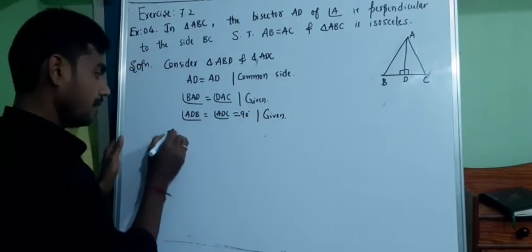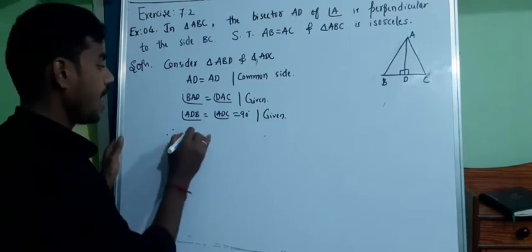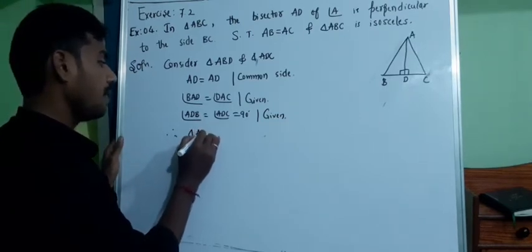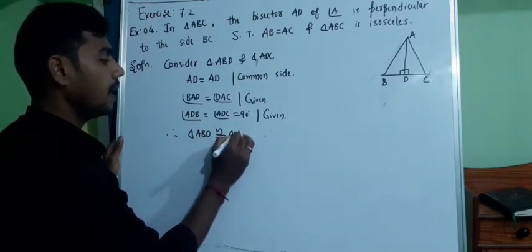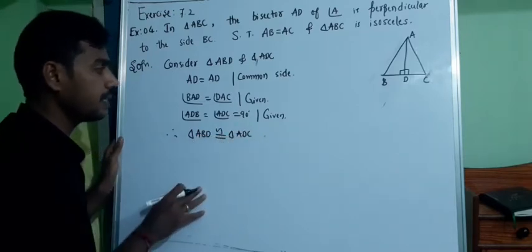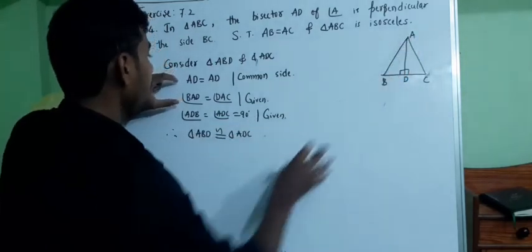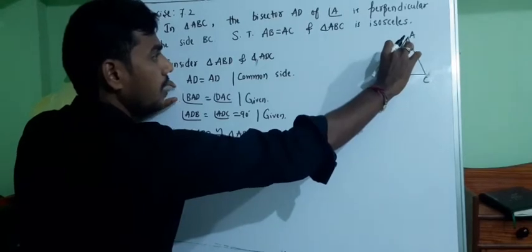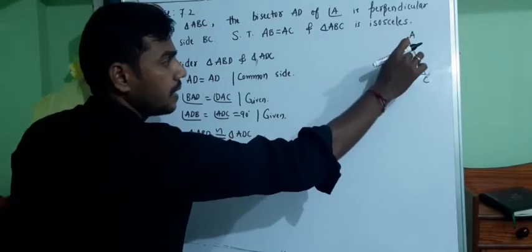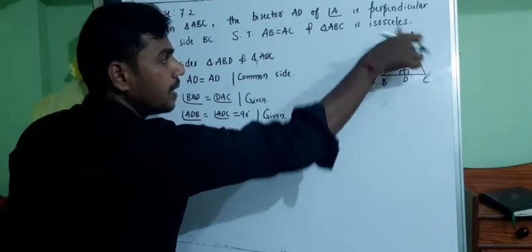Fine. Therefore, triangle ABD is congruent to triangle ADC by what criteria? See, AD, this angle BAD and this angle: two angles and the included side are equal.